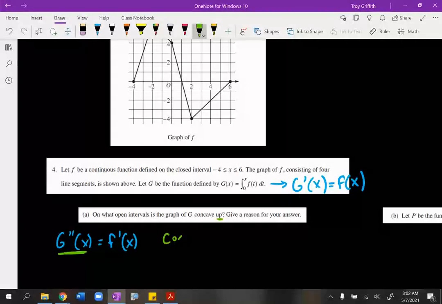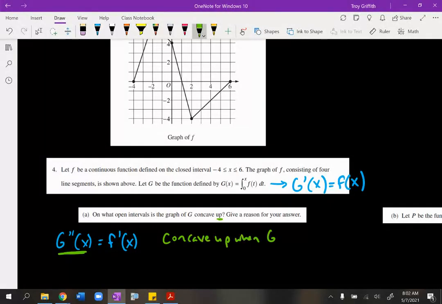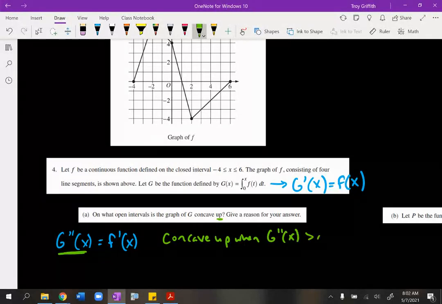So a function is concave up when the second derivative is greater than 0. Since we're already looking at the first derivative, in order for the second derivative to be positive, the first derivative, which is f of x, needs to be increasing.